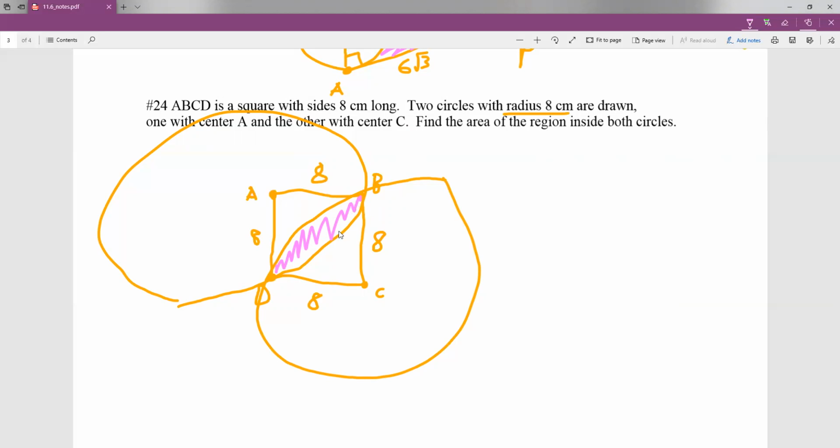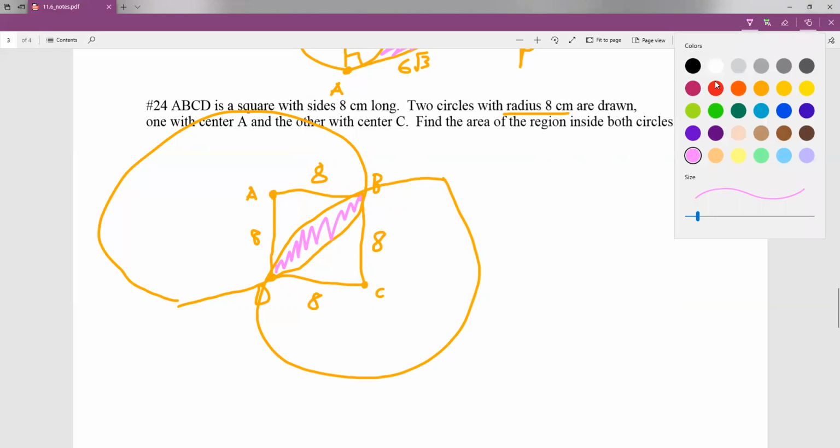All right. So in order to do that, there's a couple ways we can do it. So, one second.